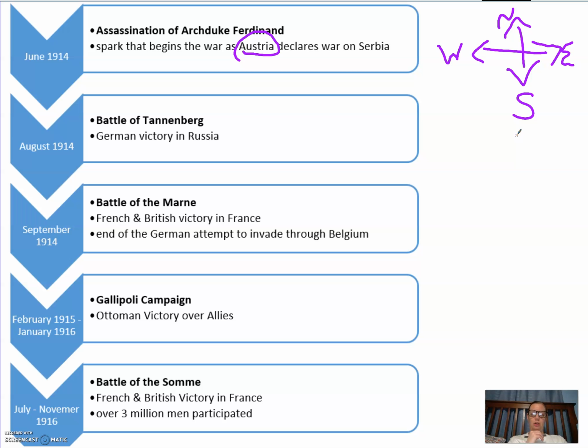You'll get to some notes later talking about the terrible things that are happening in Russia. And this is sort of just an example of the Germans are way more prepared to fight a modern war than the Russians were. And they just take over and decimate the Russian population.